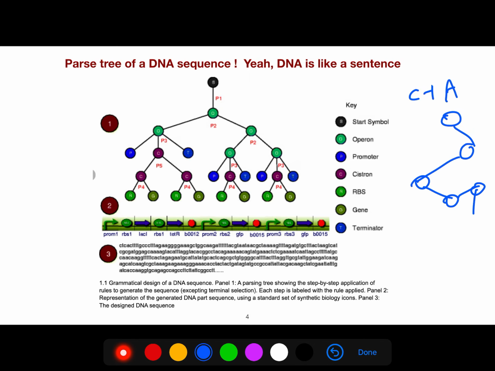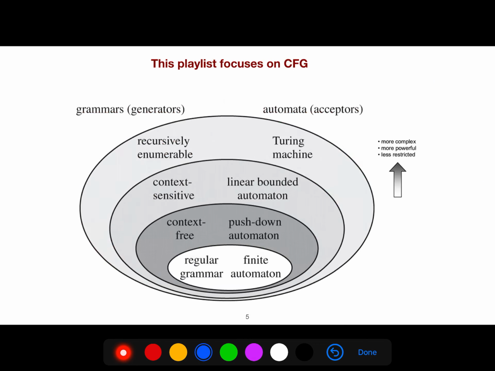It's very fascinating. So parsing DNA is really interesting in order to have an interpretable approach to these bioinformatics. So this playlist focuses on context-free grammar.